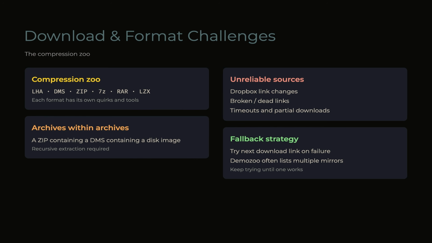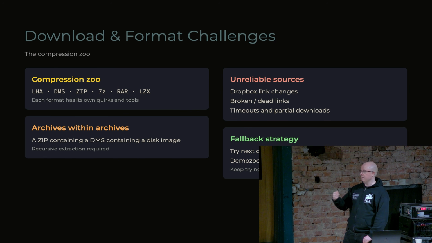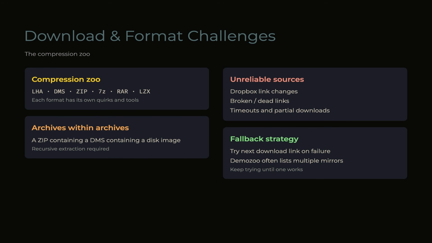In many cases, Demozoo has multiple mirrors on each entry, so I try until one works. That is usually fine, but it's not the best experience, so this is something I want to make a bit better. For example, one way would be to just try to download everything from Demozoo and see what's the better way to prioritize this.